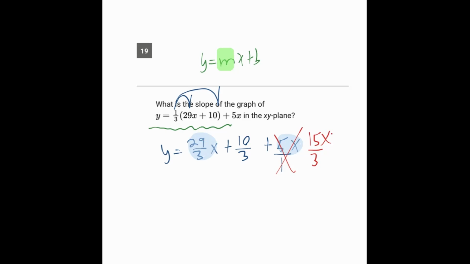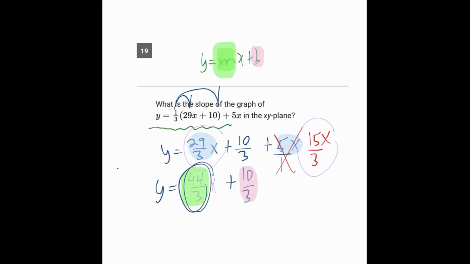Now we have common denominators, so we can add this, and that'll give us 44 over 3 x plus the 10 over 3 that was already there. And so our slope is whatever's in the m spot again, which is the 44 over 3. If we had been asked for the y-intercept, well, that would have been 10 over 3. But this right here is our answer.